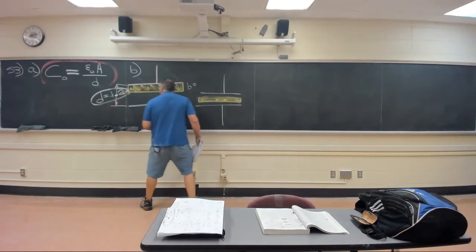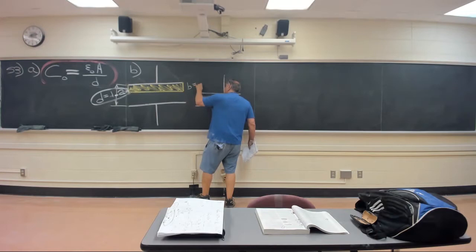D is 1.2 centimeters, and B is 4 millimeters, which is 0.4 centimeters.